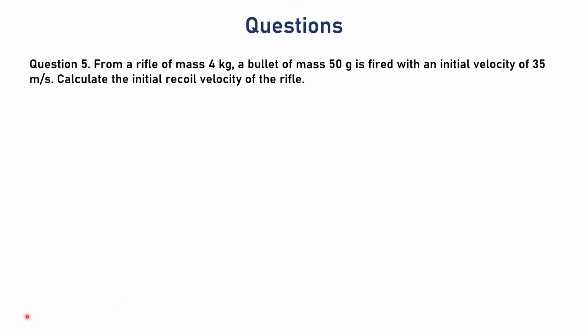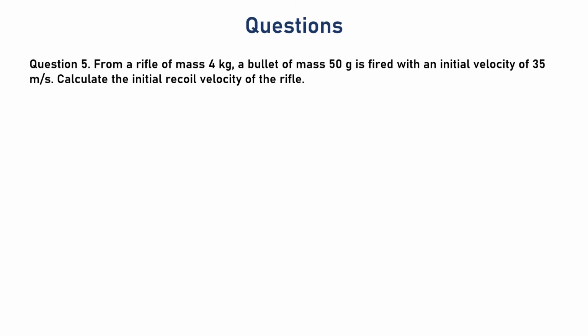So what formula are we going to use here? We know that the momentum of the bullet should equal the momentum of the rifle, right? Let's take the mass of the rifle, 4 kg.